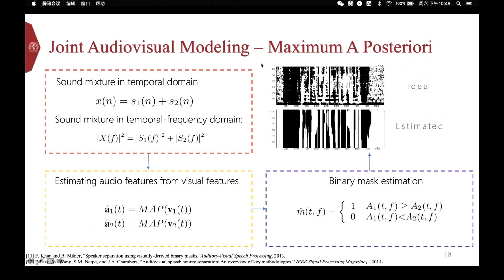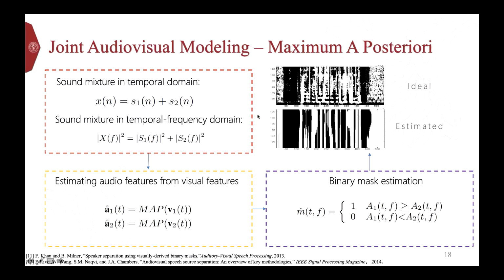So we can generate a binary mask as supervision for training the models. In the figure on the right, we have the ideal binary mask and the estimated binary mask. So this model aims to learn to predict the binary mask, and then it can achieve sound separation using the audio and visual information.